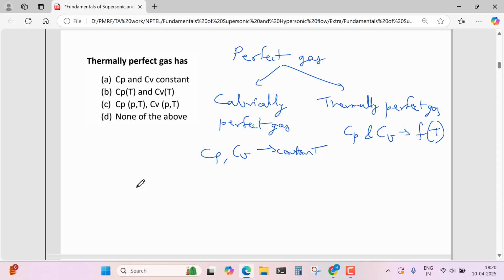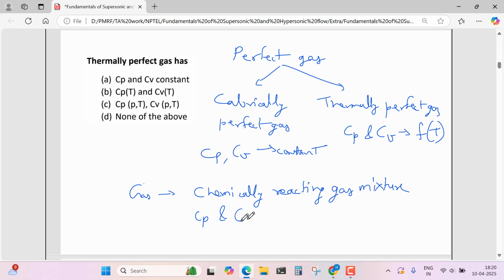There is also one more type of gas, which is chemically reacting gas mixture, in which Cp and Cv both are function of pressure and temperature. So in this problem, it was asked about the thermally perfect gas. For thermally perfect gas, both are function of temperature. So option B is the correct one.